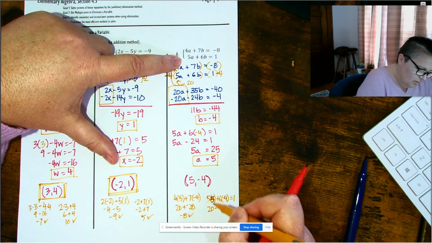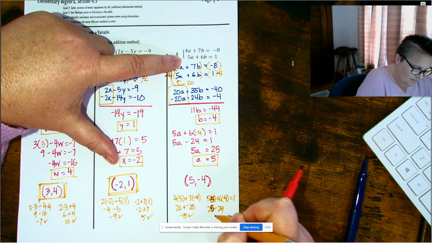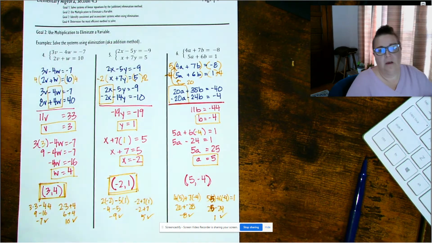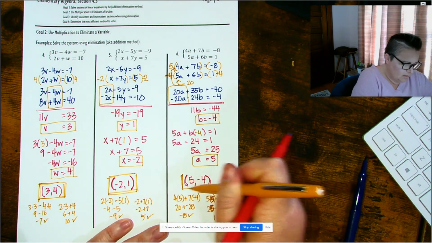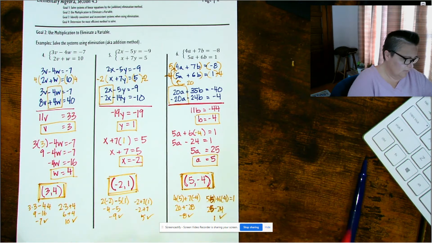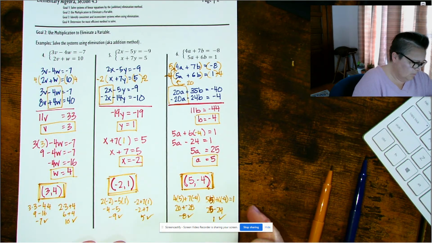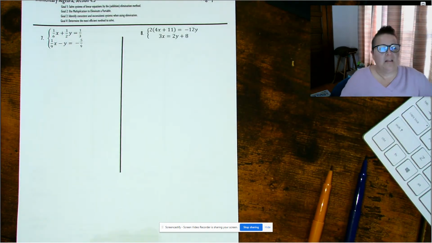Oh, I knew I was making a mistake. 25 minus 24. Yes, that is 1. Okay, it works. I thought all of that, and I'm going to have a mistake. Nope, I did all right. Okay. Good. Beautiful.